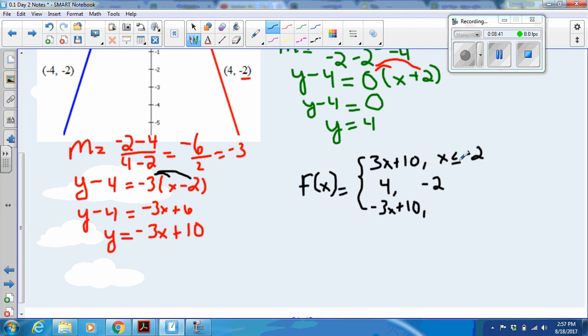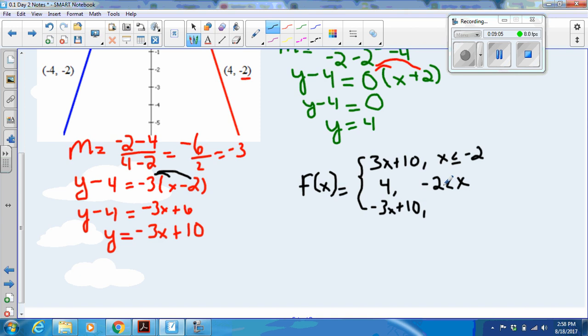Now here, because we've already used the equal bar, right, when we do our inequality next, it's not going to have an equal bar. Because if both of them did, that means you would have 2 of the same y values, which would not make it a function. Then we have x. And now, because we have 2 restrictions, we create a compound inequality.